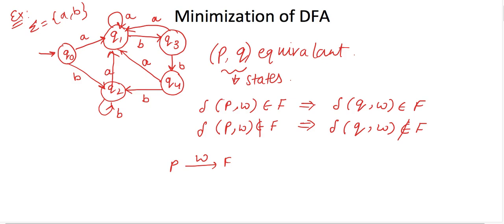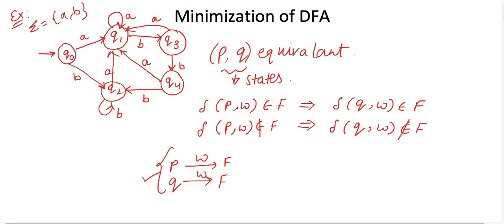Then if on state Q, upon scanning the same string, I also reach a final state, it means both show the similar property.